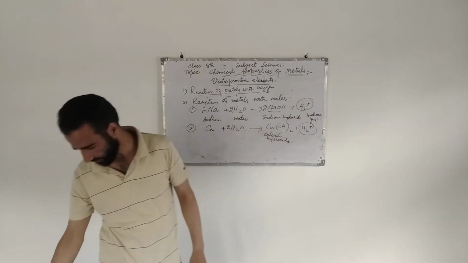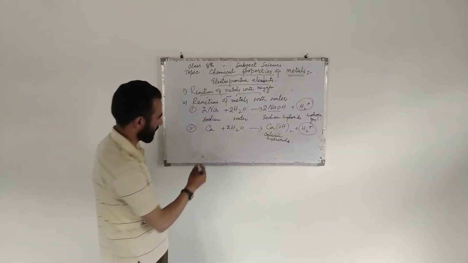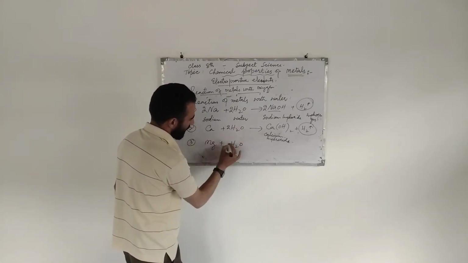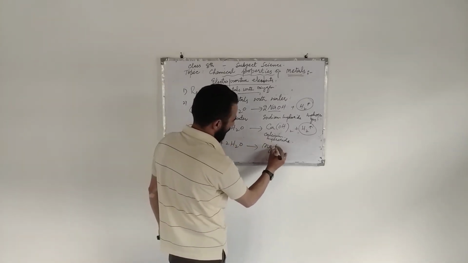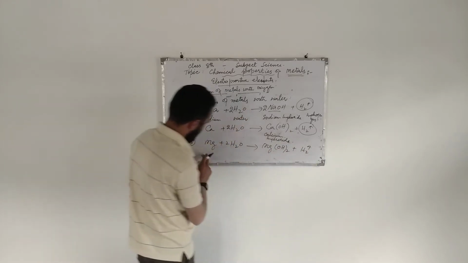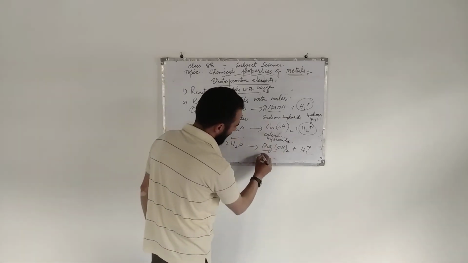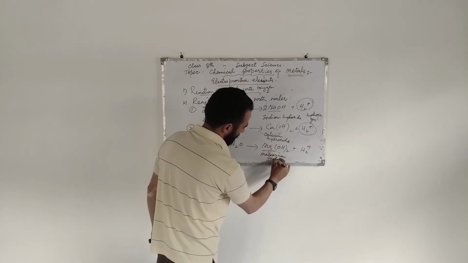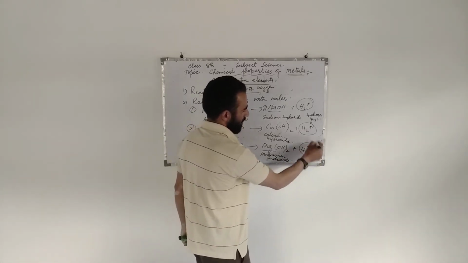Next, we take one more example related to magnesium. If we take magnesium in the presence of water, the same procedure is followed. Magnesium hydroxide is formed plus hydrogen gas. Magnesium is a metal, it combines with water and forms magnesium hydroxide, and hydrogen gas is also formed here.